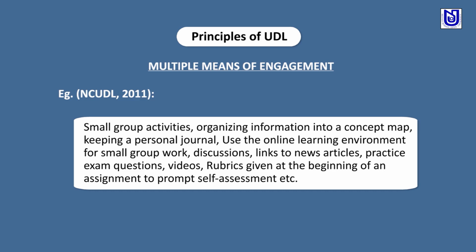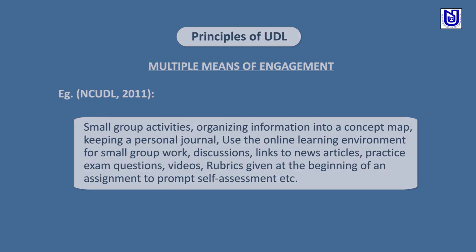These are all examples of multiple means of engagement. That is how we can engage our learners in the learning process, irrespective of their differences or irrespective of their variabilities.